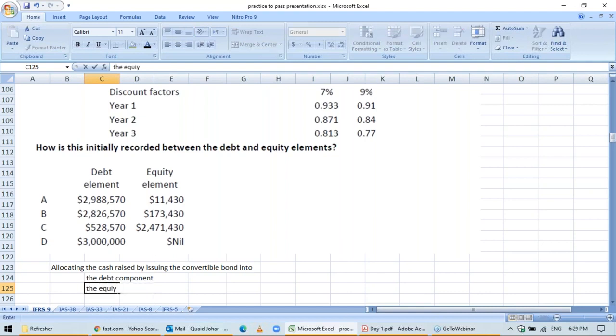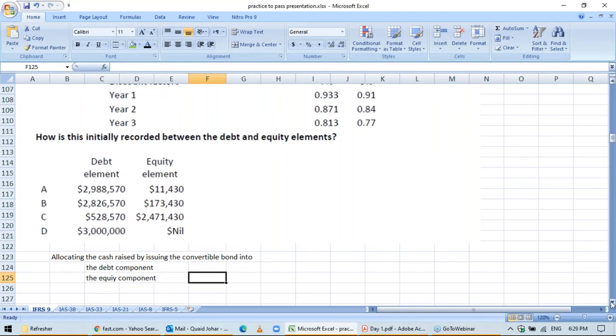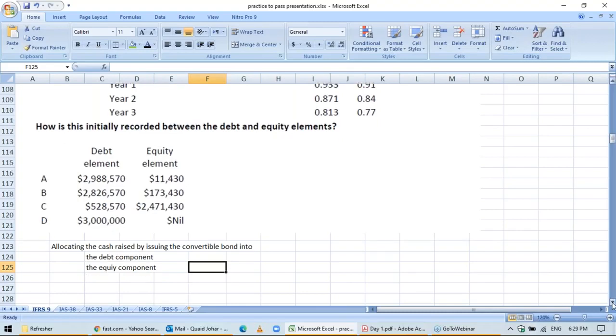What we need to remember is that when a convertible bond is issued, we have to recognize two things: the debt component and the equity component, both. That is, bank debit, liability and equity, two credits. So first of all, we need to know what will be the liability and what will be the equity.